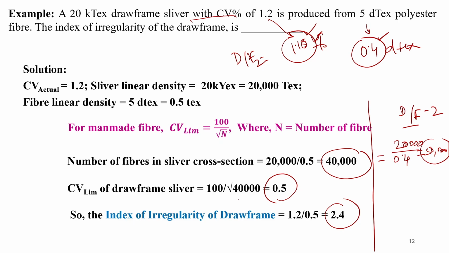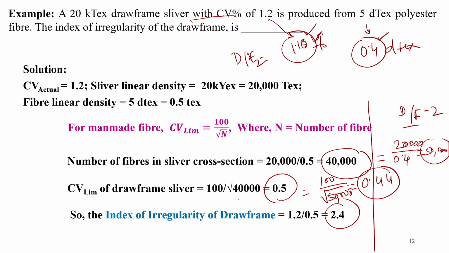And here the limit CV will be 100 by square root of 50,000, which will be 0.44.